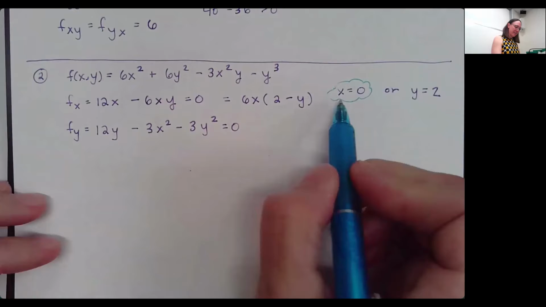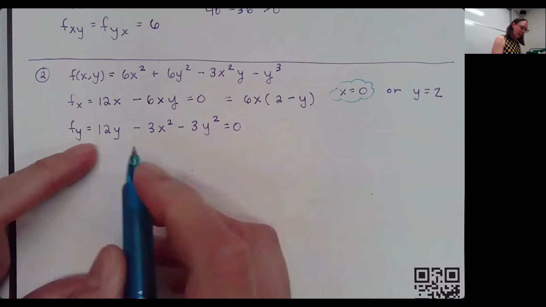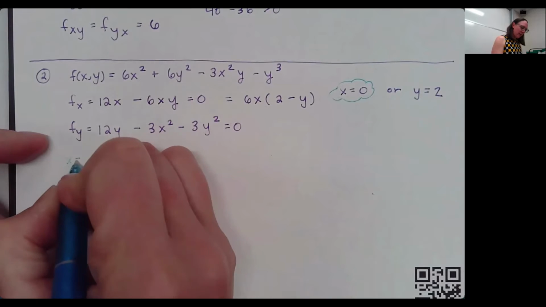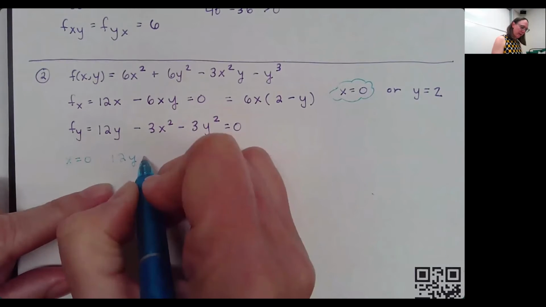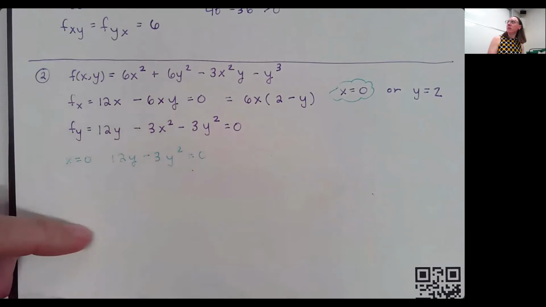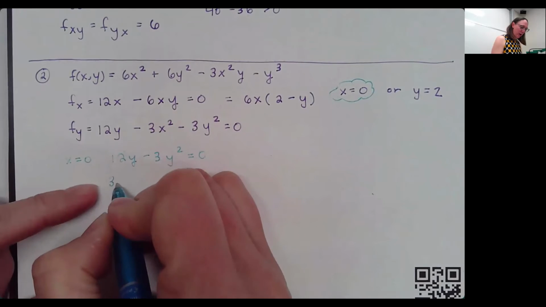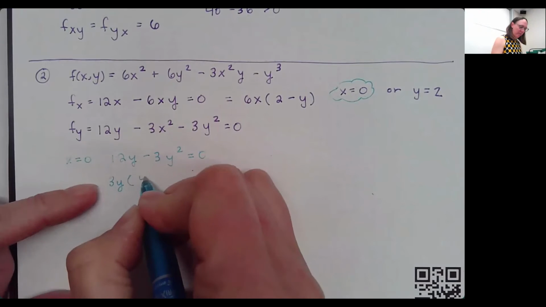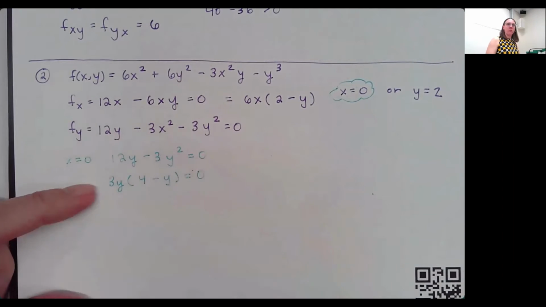So if I play out x equals 0, down here in my partial with respect to y, this becomes 12y minus 3y squared is equal to 0. And that, I can now pull out a 3y and have 4 minus y is 0.